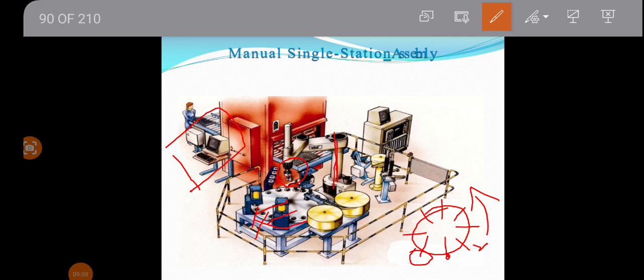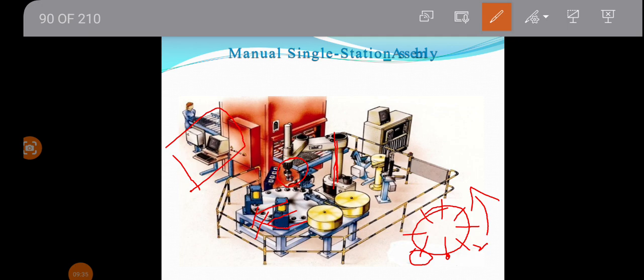Okay, that is the view related to this particular one. This is the one vertical column, and a horizontal table should be considered. This is one category of manual single station assembly. The next one we are considering is related to the same view. All workstation operations belong to G codes and M codes.